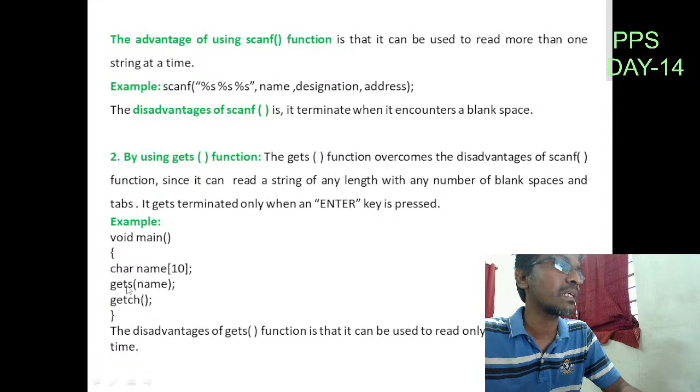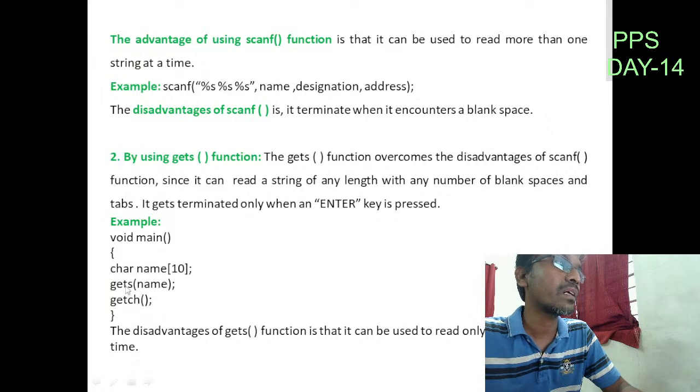This is an example here, gets followed by name. If you want to read only one name at a time. If you want to read another name, then again you have to use gets followed by name. Whereas in the scanf function, you can read any number of strings at a time. That is the advantage. But in the gets function, you have to read only one string at a time.